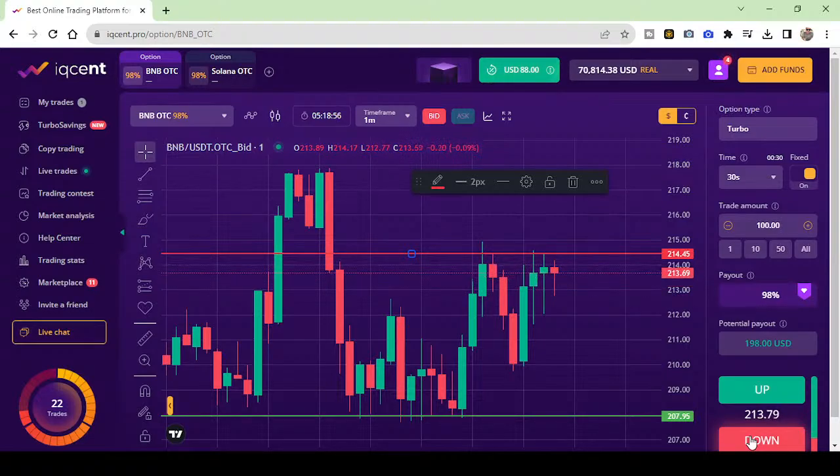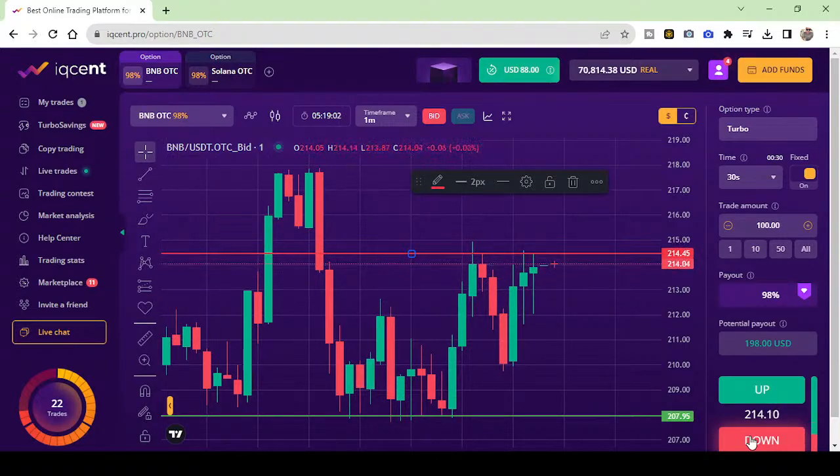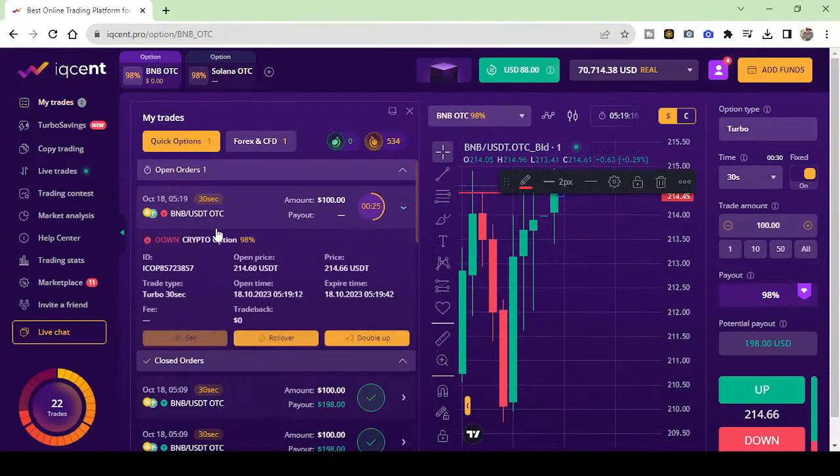So if we get up to that line, we will take a trade. And we are in. Let's follow the trade we just did take.